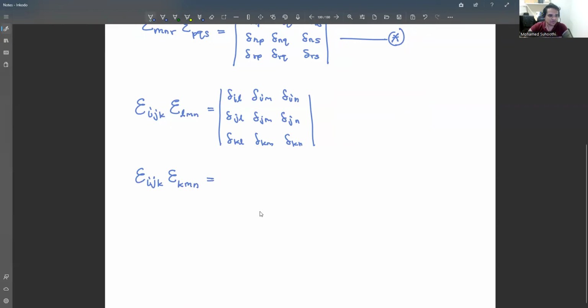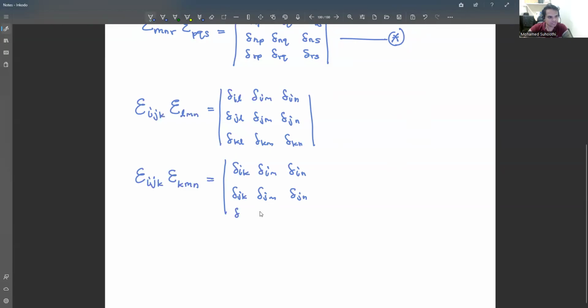What you have to do here, the only thing is to substitute L equal K, right? This will be IK, IM, IN, right? So this is JK, JM, JN, right?